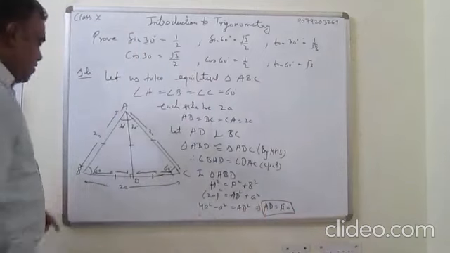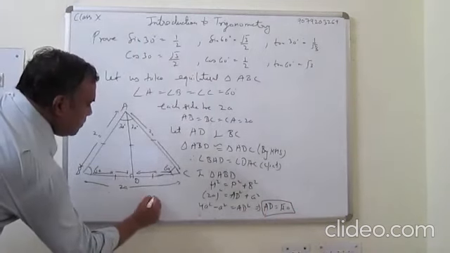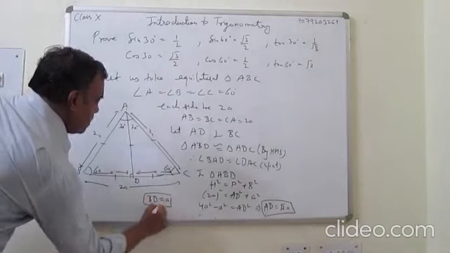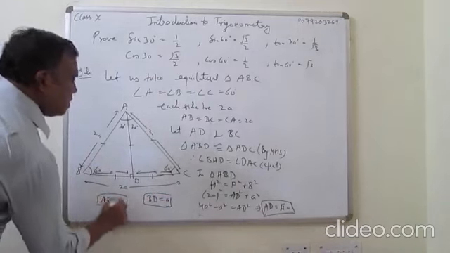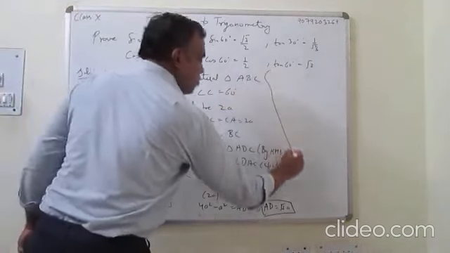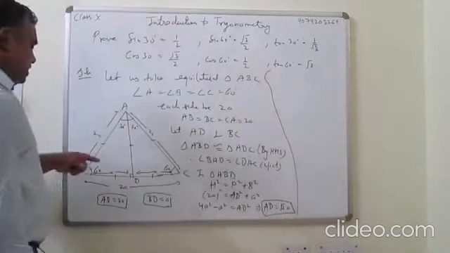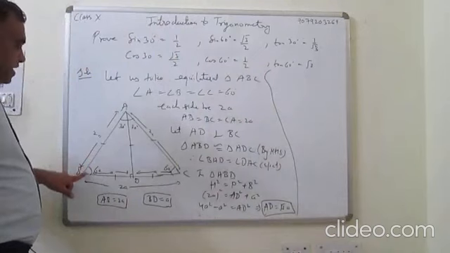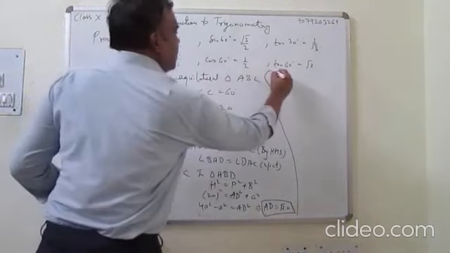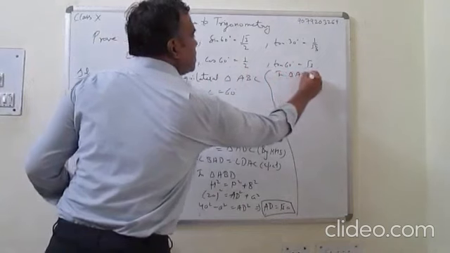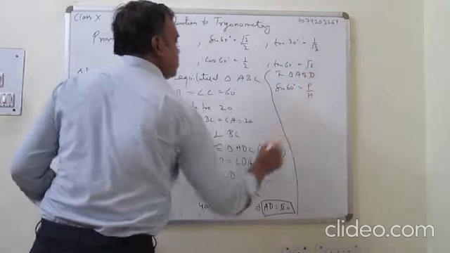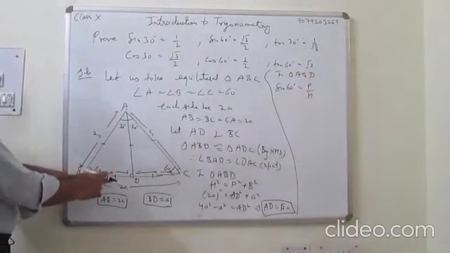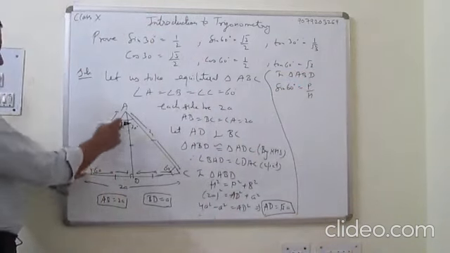Now AD you have, BD is equal to A, and AB is equal to 2A. Now I will take the ratio of sin 30, sin 60 in triangle ABD. Sin 60 is equal to P upon H. What is P?